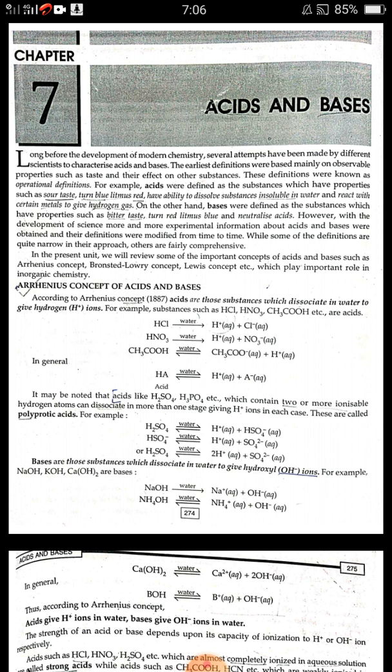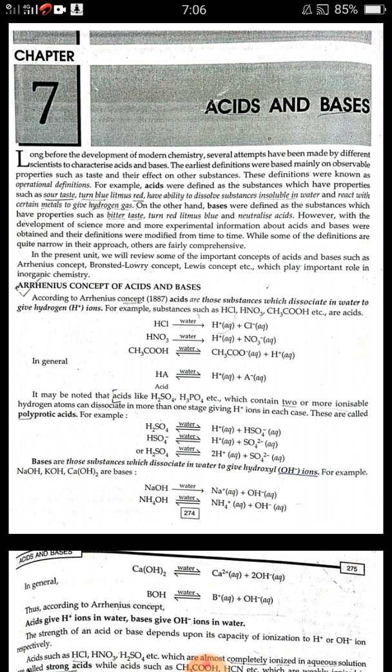But in chemistry, there are some concepts which explain acids and bases. The first concept is the Arrhenius concept of acids and bases. According to the Arrhenius concept, acids are those substances which dissociate in water to give hydrogen ions.